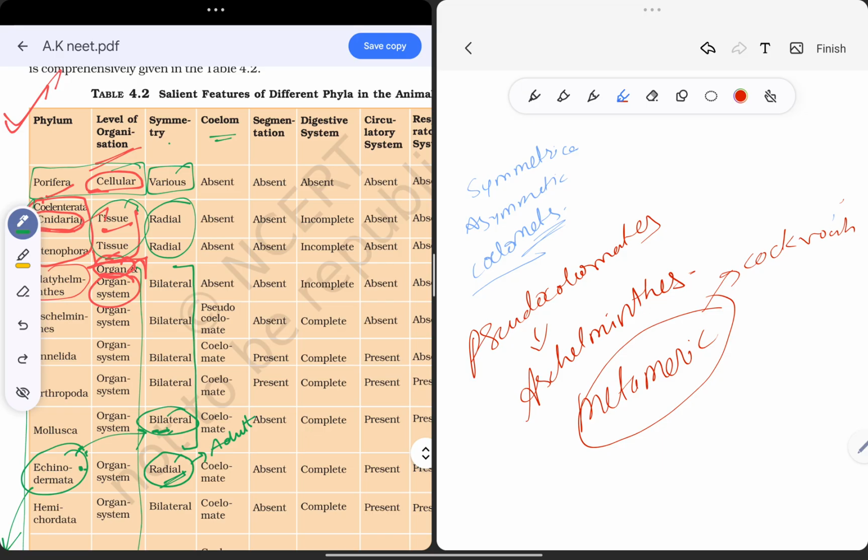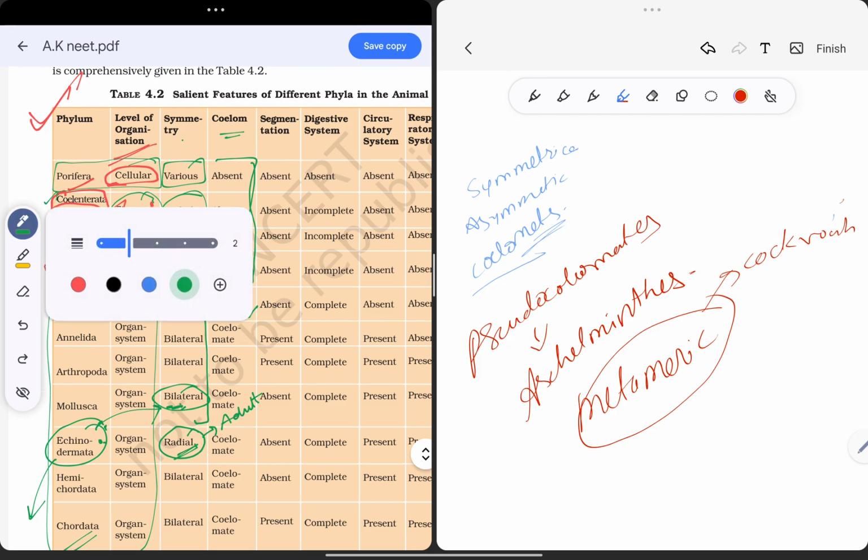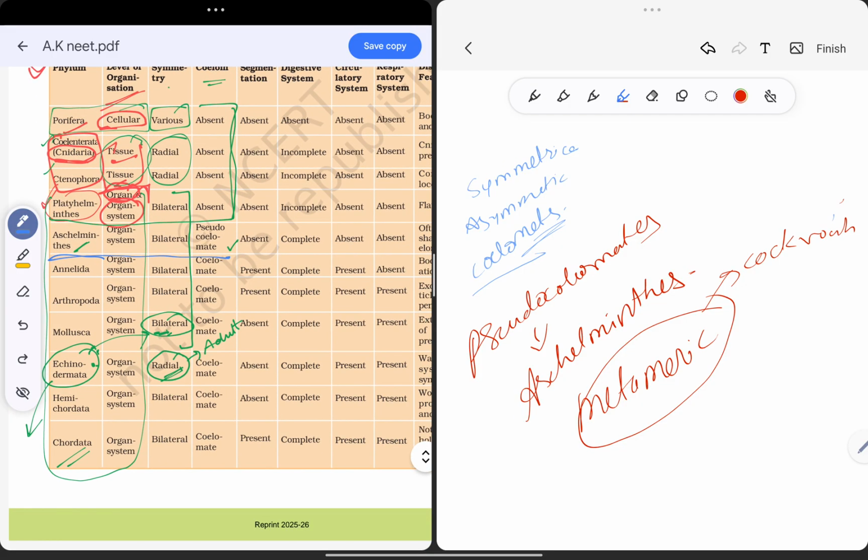Next, coelom. Coelom is absent in the first four: Porifera, Coelenterata, Ctenophora and Platyhelminthes. Till here, the coelom is absent. In the case of Aschelminthes, you have pseudocoelom, which is false coelom. And from Annelida to chordates, you have coelomates. You should remember the format of this table in a proper way, first, second, third.